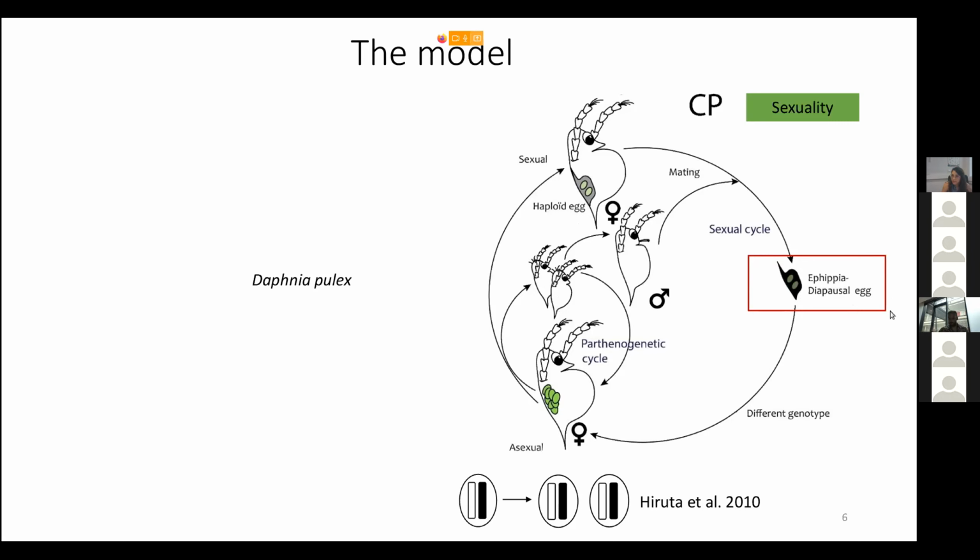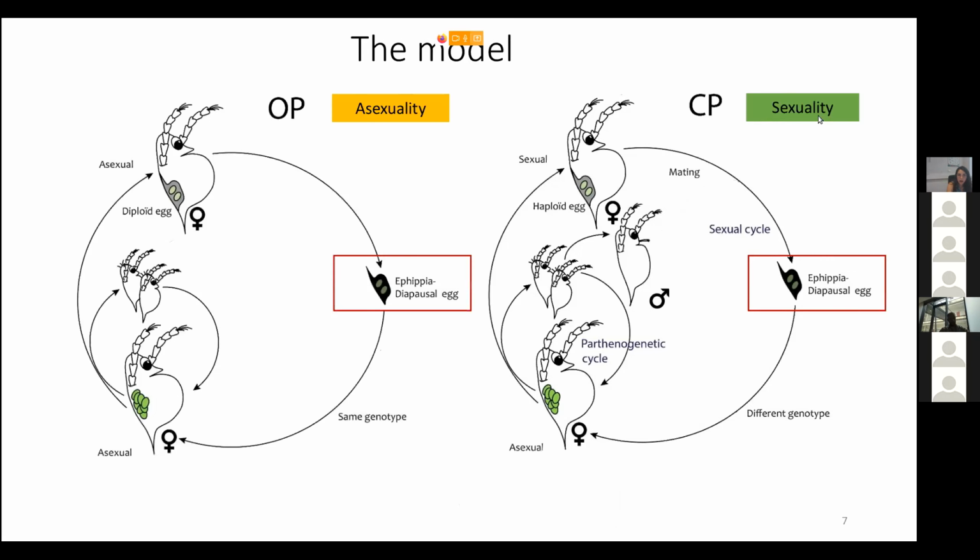Today I am interested in how these ephippia are produced. Because they are produced sexually, I call these lineages the sexual ones, whereas other lineages are obligate parthenogens. This means that they always reproduce asexually, and this time females still produce ephippia, but they do not need to be fertilized by a male to give rise to new females of the same genotype as the parent.